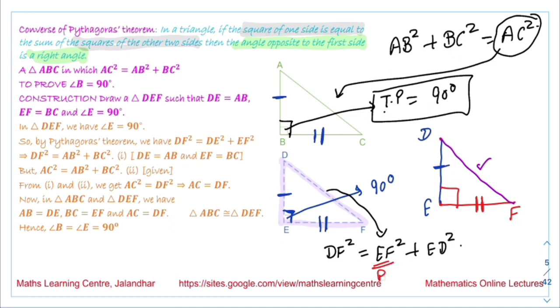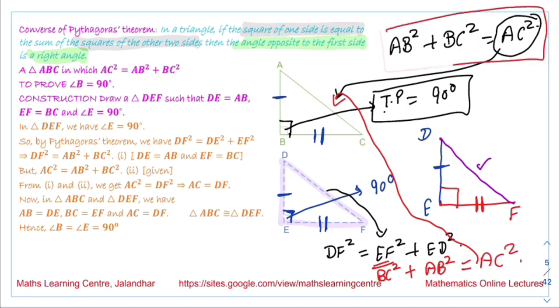It is equal to BC, and ED is equal to AB. So this value is equal to AC square, because it is given to us that the length of AC is equal to this.